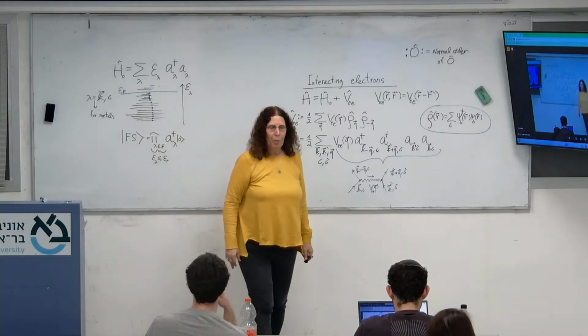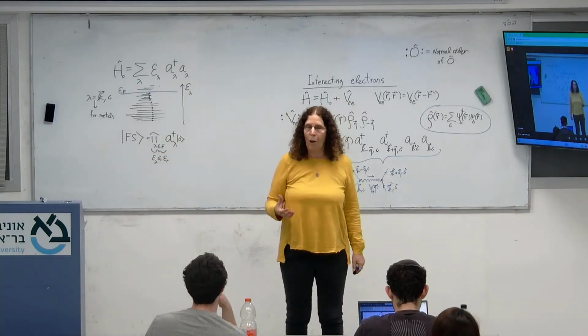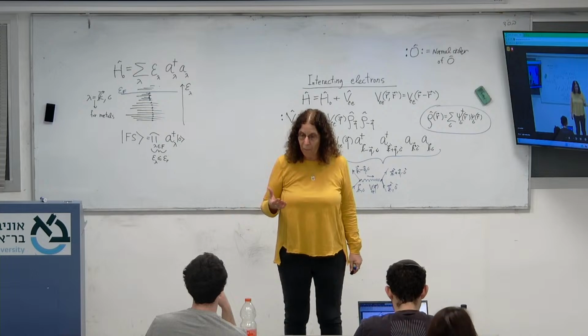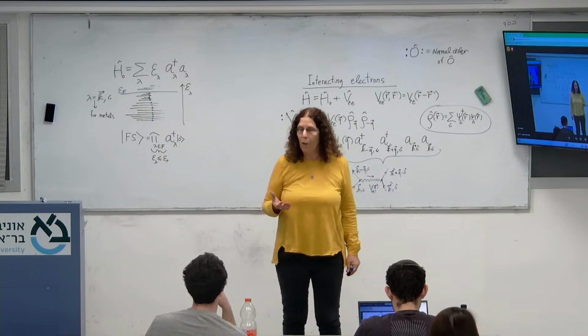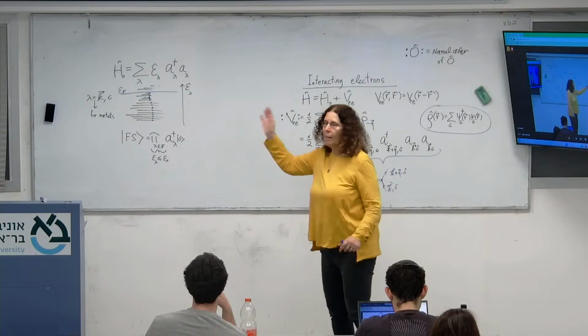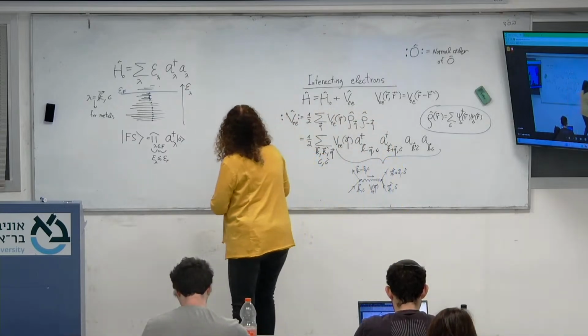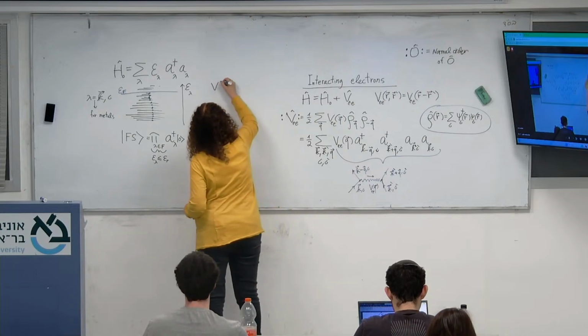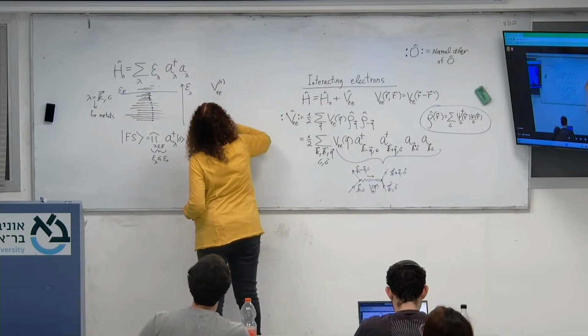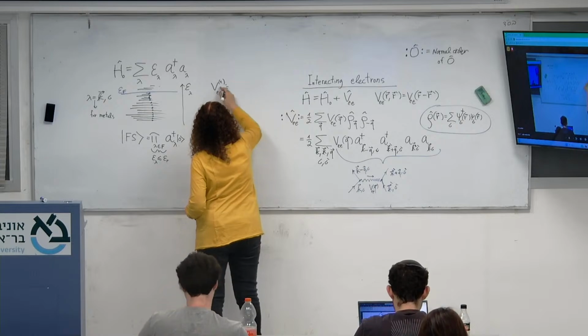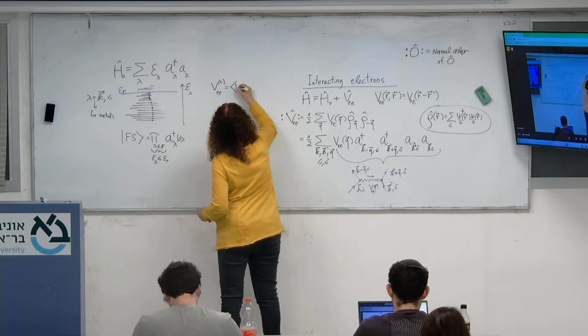So the first order correction to the energy is just the expectation value of V_EE in this ground state, right? So this is what we want to calculate. Let me call it E1. Okay, this is the first order correction.